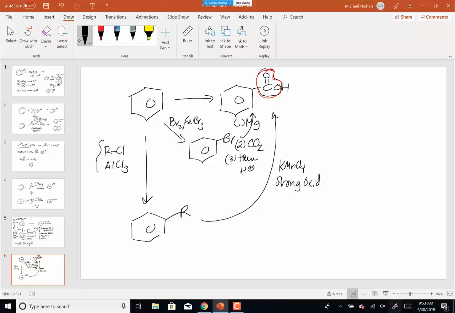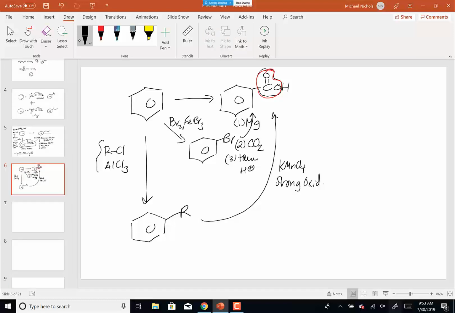Right. But what I want to do now is to build up our reaction set so that we can add those groups. So that when you look at it, you go, well, this is how I add this group, this is how I add this group. And the order is going to matter, so the first step is just being able to add the two groups. Okay. All right, so that's how we add a carboxylic acid.